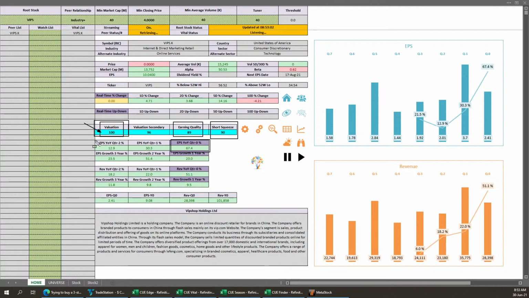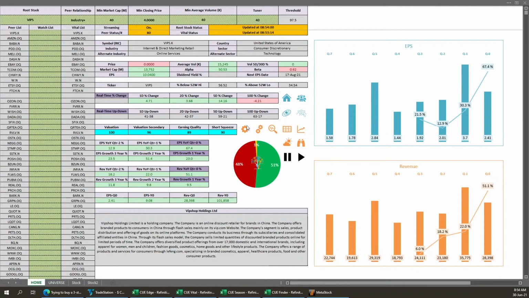Revenue growth, not only last quarter, but 3 quarters, 3 years, year on year steadily going up for 4 quarters. Earnings growth year on year steadily going up for 3 quarters. Great fundamentals. VIPShop. Let's look at its industry.